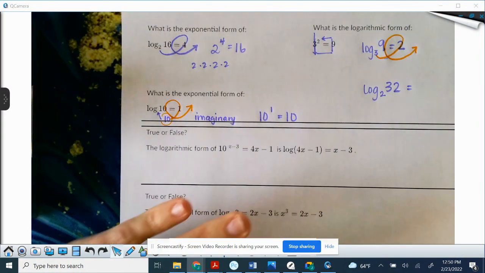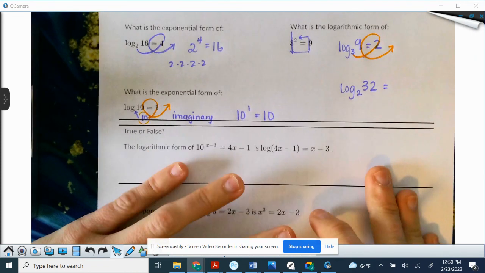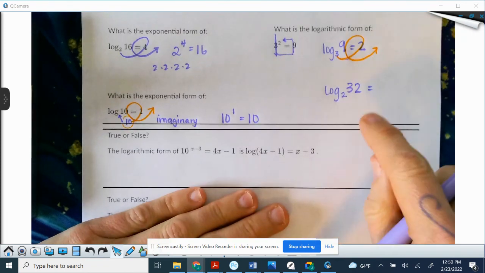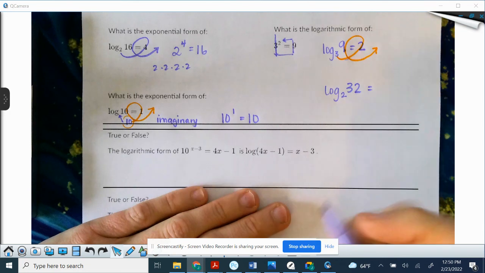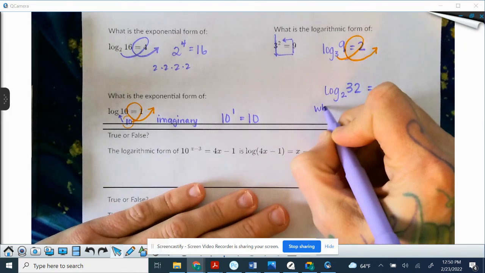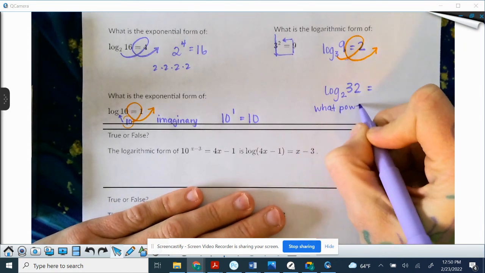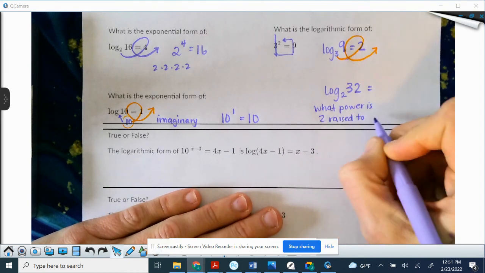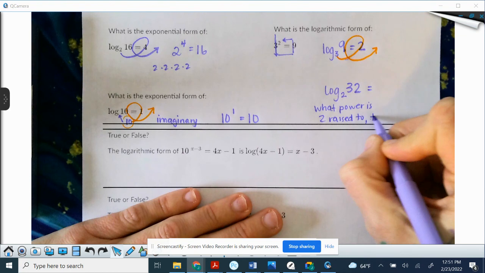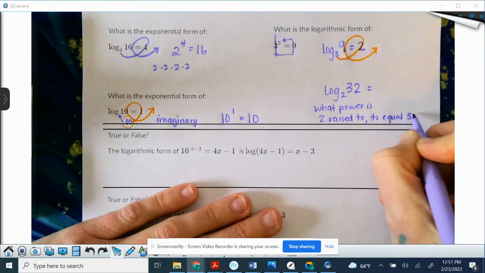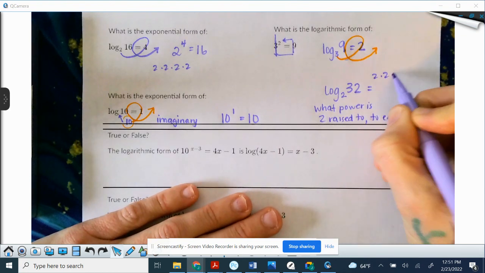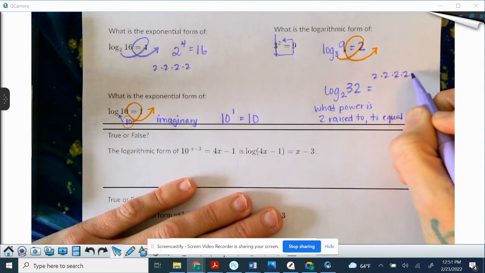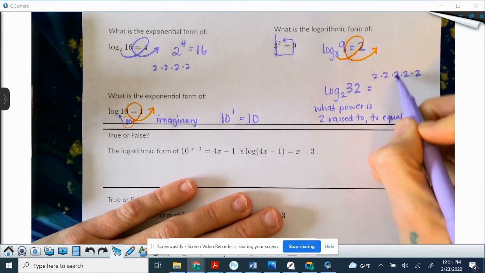But the question this is asking, oddly enough, a lot of people don't realize that these are actual, like, written, like a conversational question. And this is saying, what did I raise to? What power is 2 raised to equal 32? So if you did 2 times 2 times 2, we got 8, 16, 32. So 1, 2, 3, 4, 5.